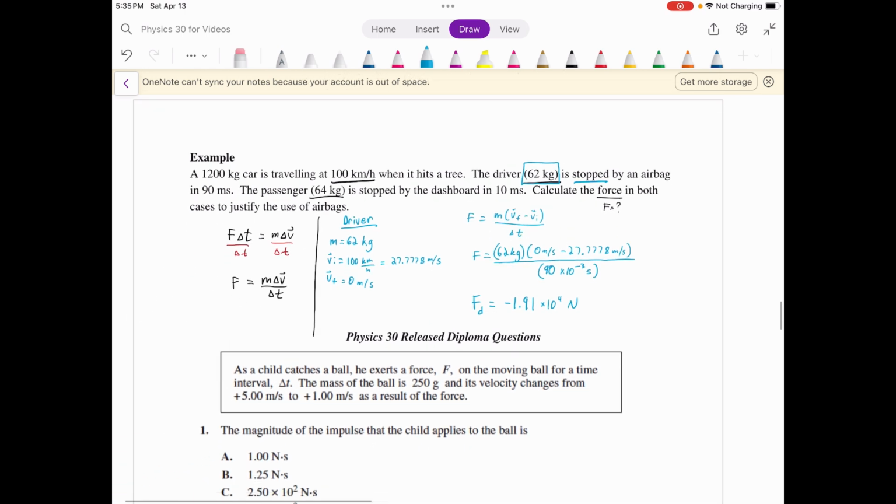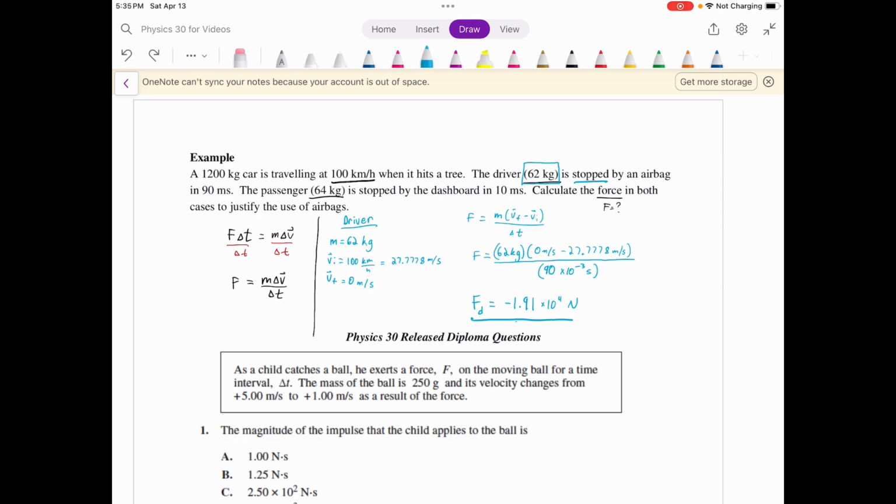Now, if you're thrown off by that negative, that actually makes sense, because when I called my initial velocity positive 27 meters per second, I defined the initial velocity direction as positive, right? And this force brought them to a stop. So if they were moving forwards, they need a backwards force to stop them, right? The force is obviously in the opposite direction they were moving in order to stop them.